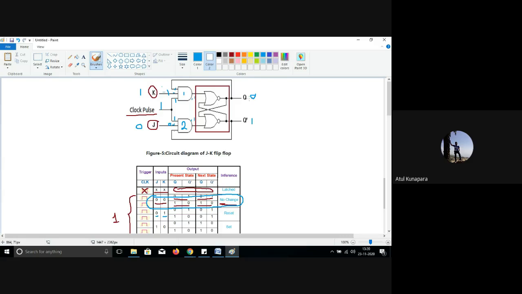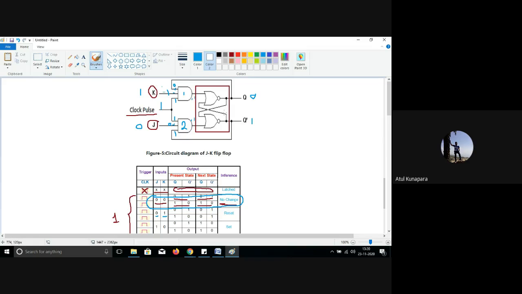Now the present state is Q equal to 0, so that Q equal to 0 will come here, and Q dash equal to 1 will come here. So look here, as your J and K are 0, 1, and your present state is 0, 1, so Q is 0 and Q dash is 1.